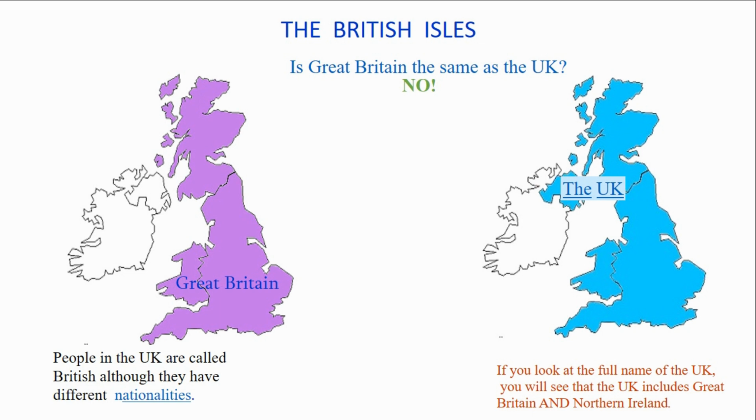Is Great Britain the same as the UK? No, of course. Look there. Great Britain is one of the biggest islands of the United Kingdom. The United Kingdom consists of two big parts. They are Great Britain and Northern Ireland.